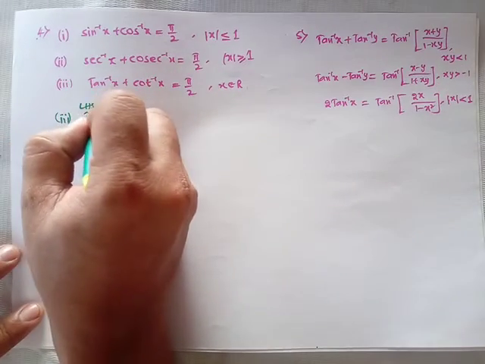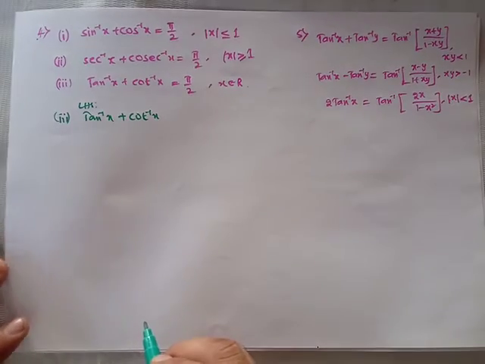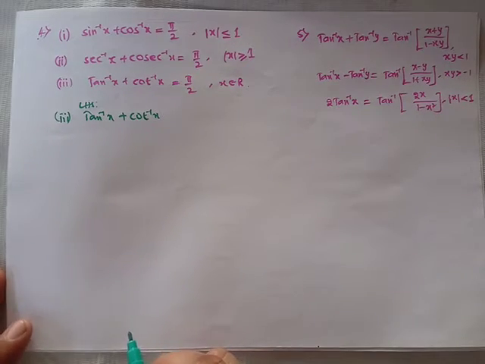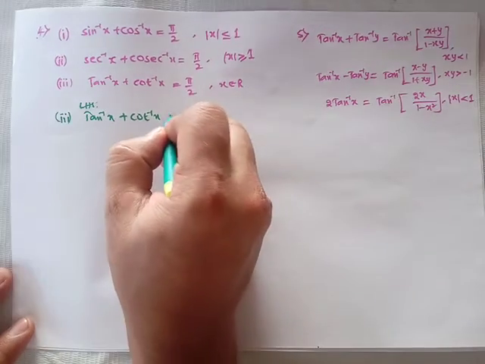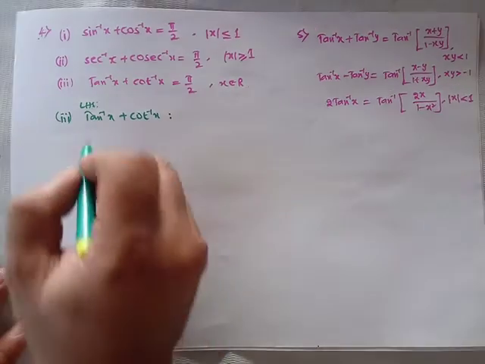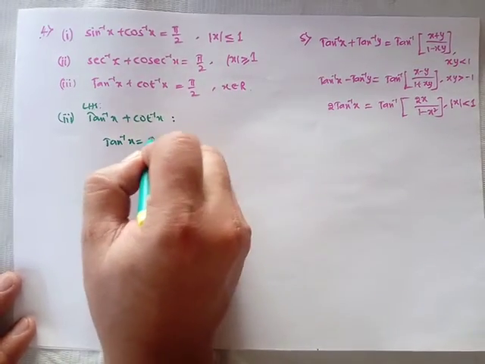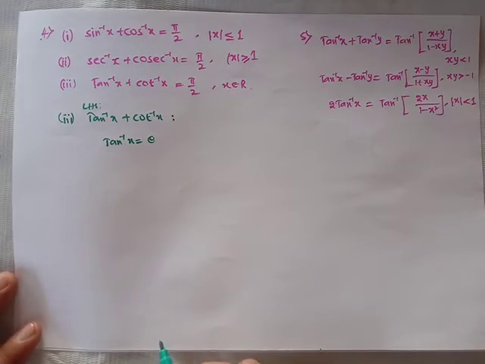So LHS of the third one, tan inverse of x plus cot inverse of x is equal to, and before taking up these two, I am taking tan inverse of x is equal to some theta.